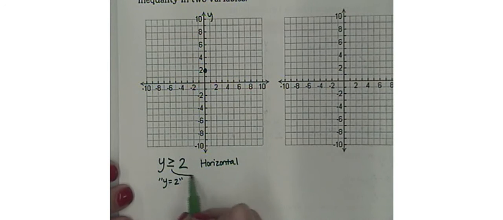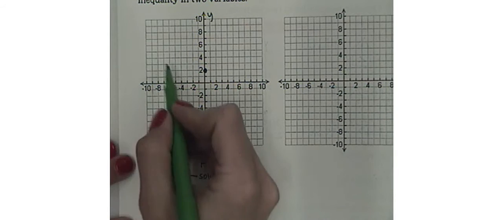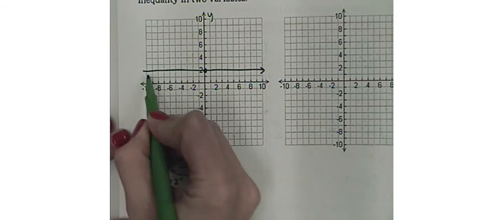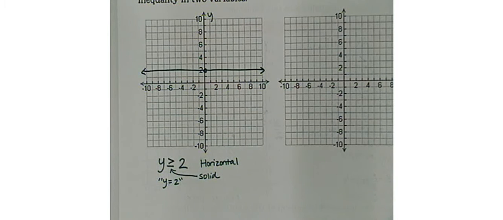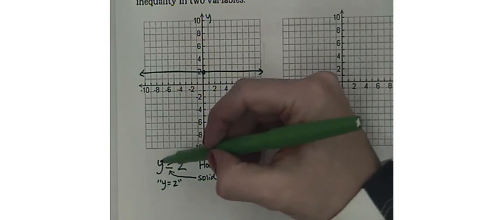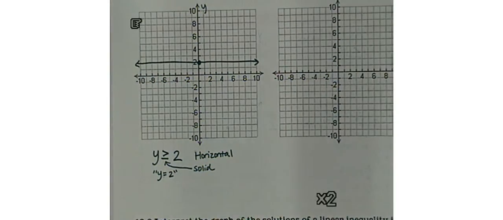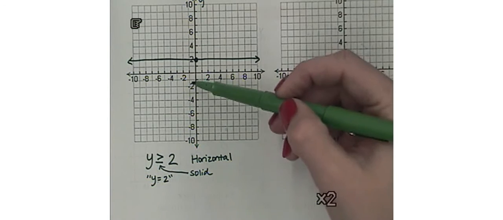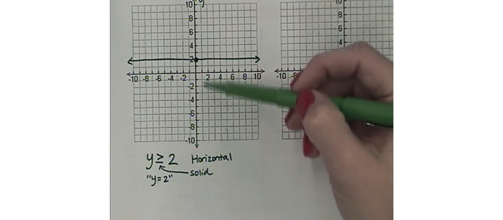Looking at your sign, is this solid or dashed? It's solid. And then think, I need all y values greater than or equal to 2. So if I look at this as a number line, are these y values greater than 2? Or are these y values greater than 2?